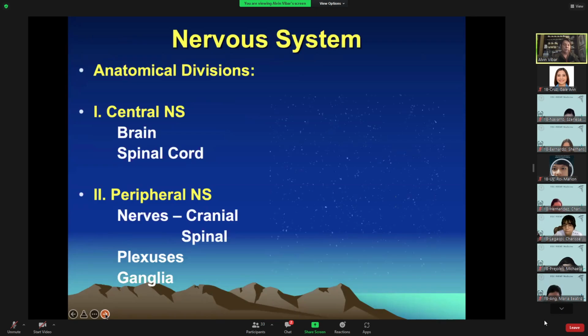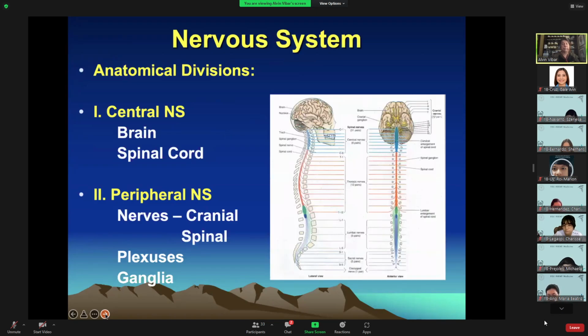Okay, let's review first the divisions of the nervous system. For you to fully understand the development, you should know the anatomical divisions of the nervous system. We divide it into two: CNS, commonly known as the central nervous system, and PNS, the peripheral nervous system.